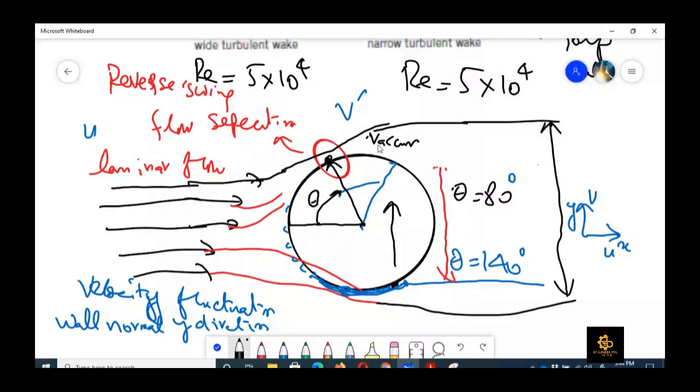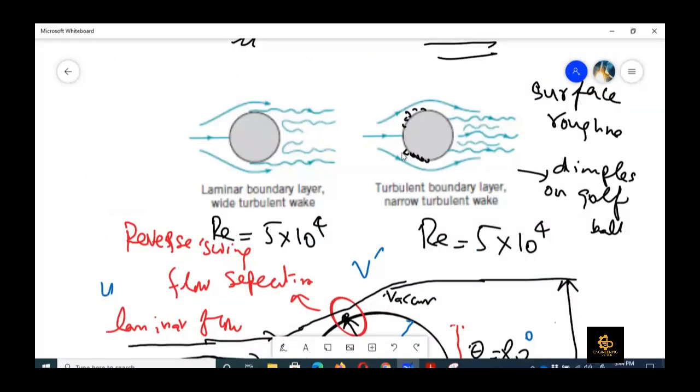The crux of all the discussion here is that if we want to reduce the total drag force, we put some roughness on the sphere or solid surface so that the wake region is less, and the total drag force would be less if there is surface roughness, right? But consider that we have a streamline body.